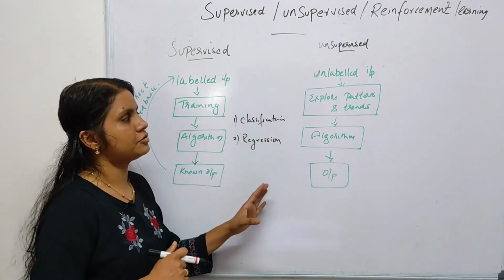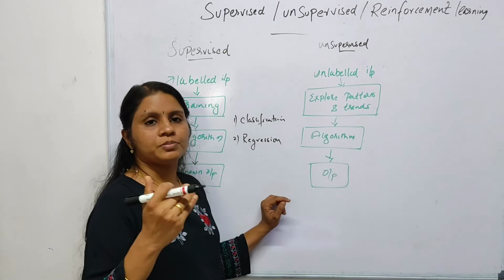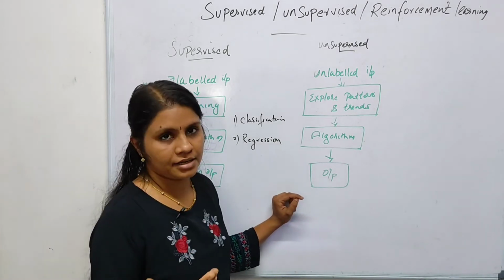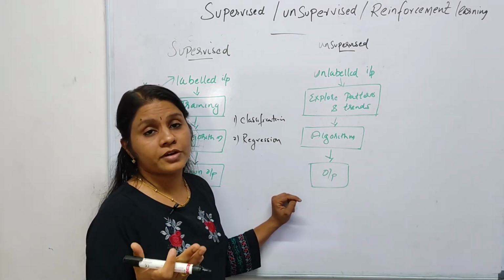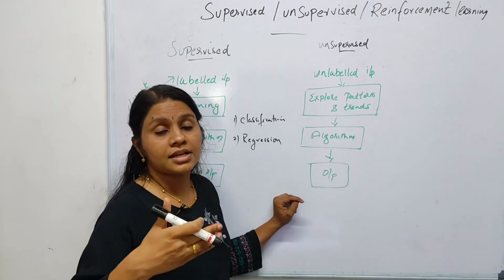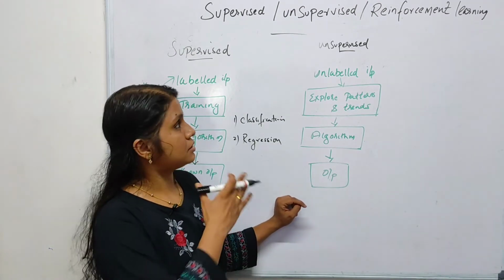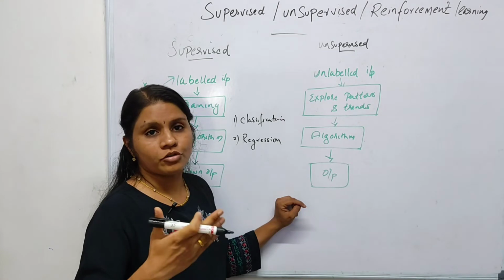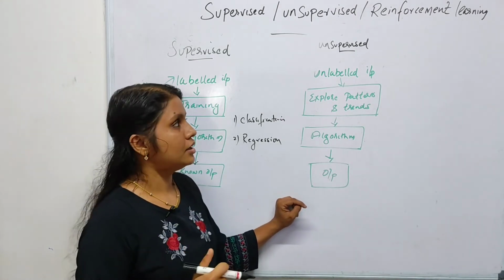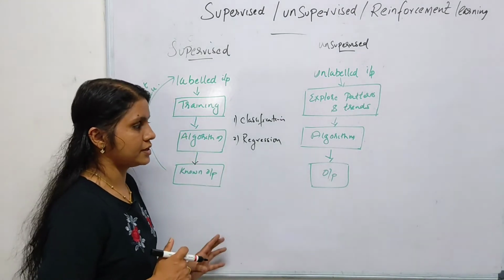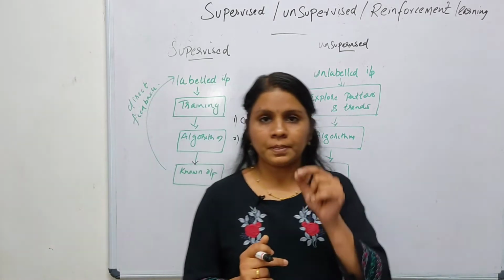Then, in analysis of data, in unsupervised learning we are performing real-time analysis, whereas in supervised learning we are performing offline analysis, right? So that is the main difference between supervised and unsupervised learning algorithms.